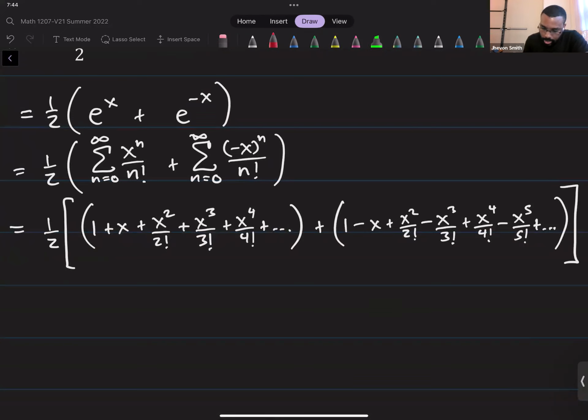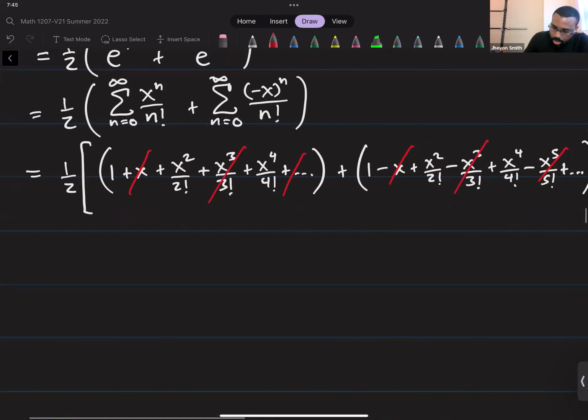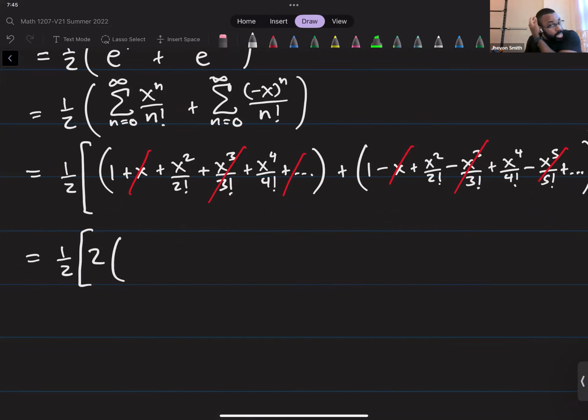Now, what you realize here is that the x would kill the x, the cube would kill the cube, this would kill that. All the odd ones would actually cancel each other out. And all the even ones will actually double up.